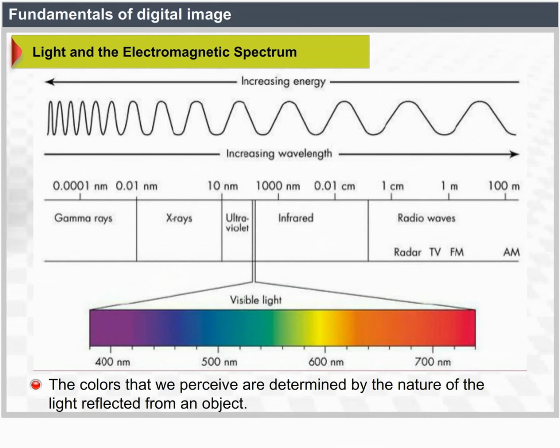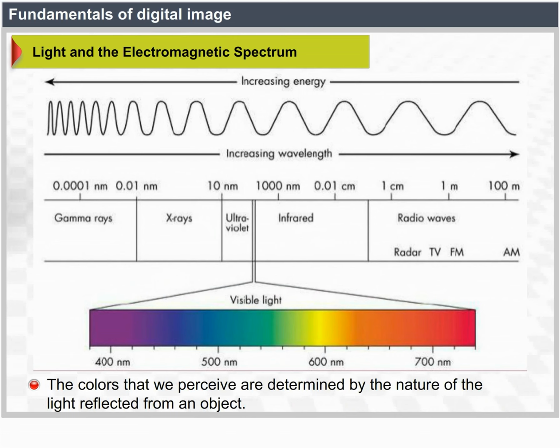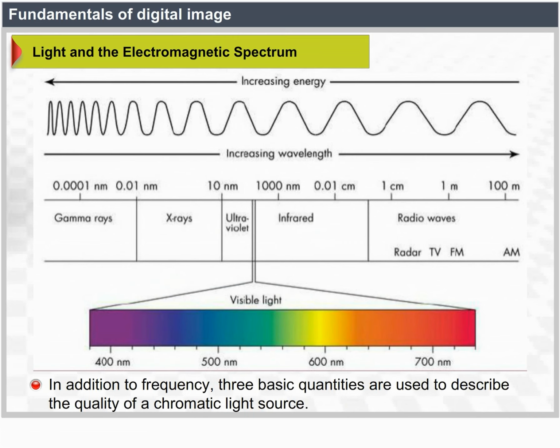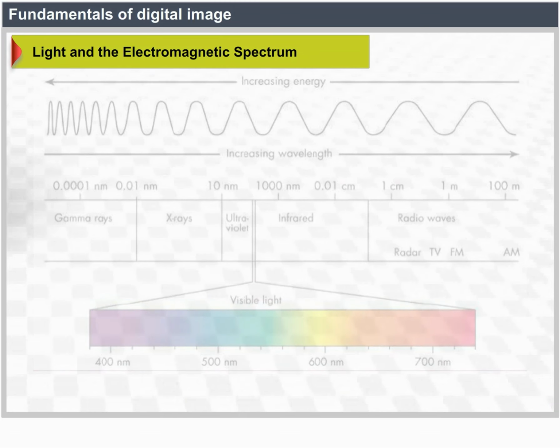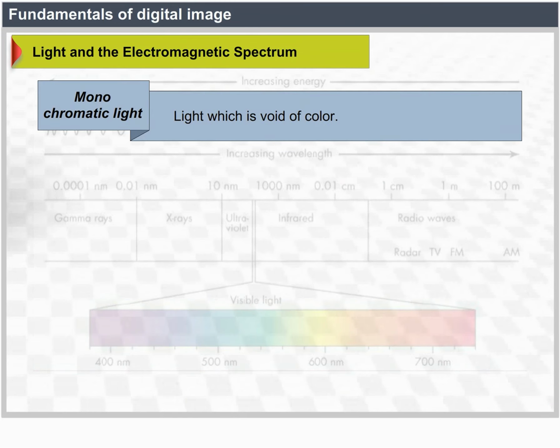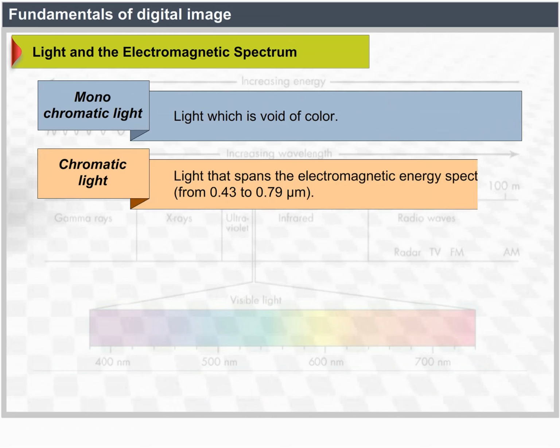The colors that we perceive are determined by the nature of the light reflected from an object. In addition to frequency, 3 basic quantities are used to describe the quality of a chromatic light source. Monochromatic light, light that is void of color. Chromatic light, light that spans the electromagnetic energy spectrum from 0.43 to 0.79 micrometers.